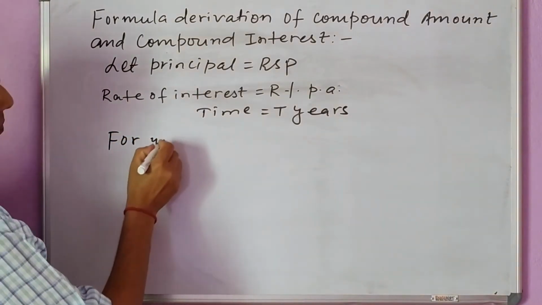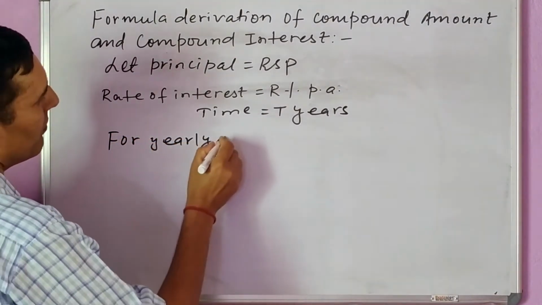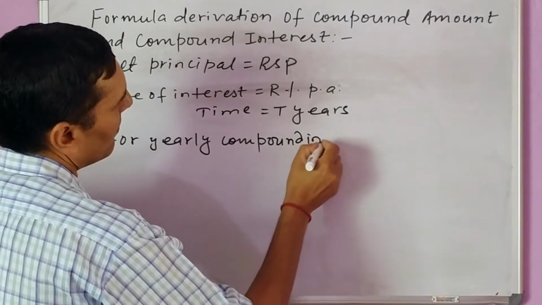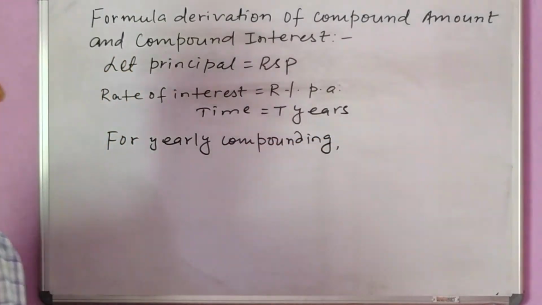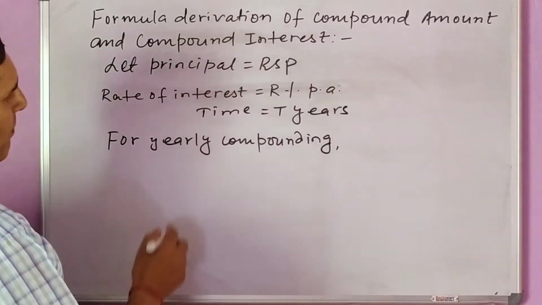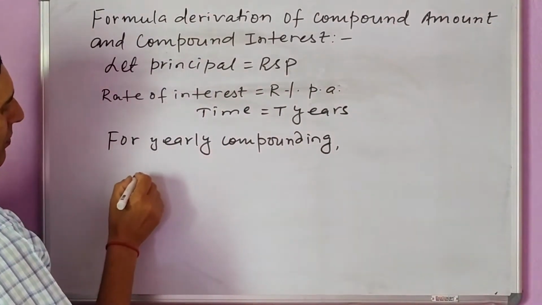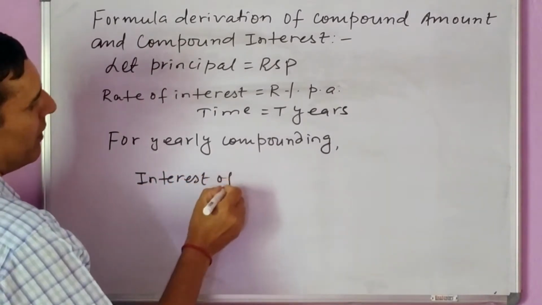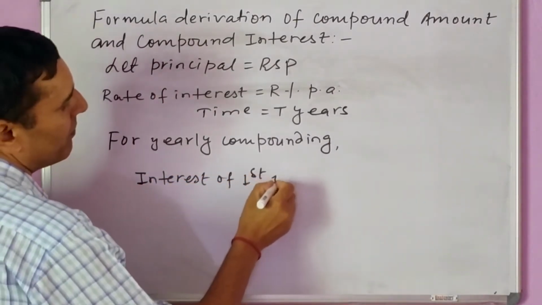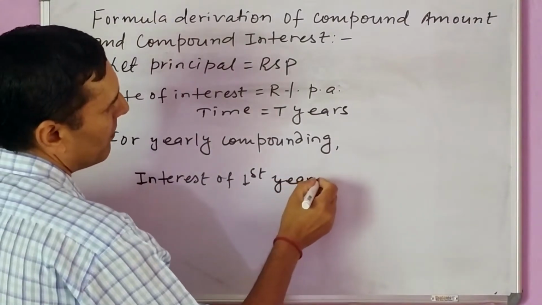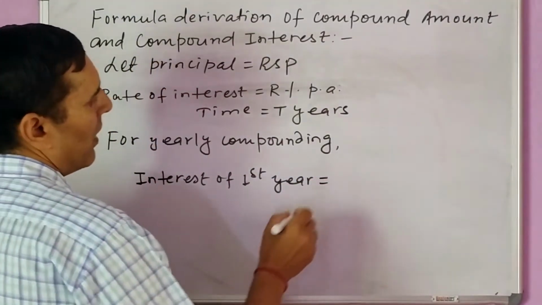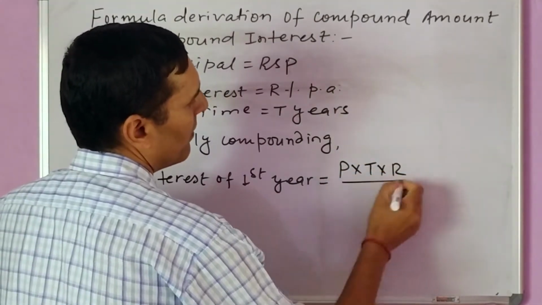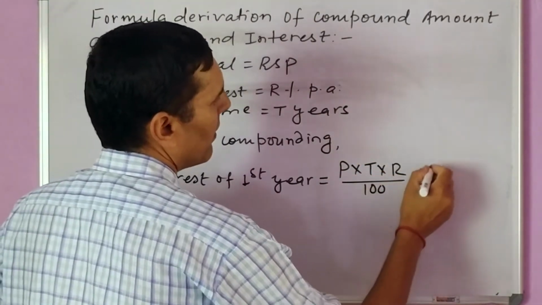So for yearly compounding, what is the interest of first year? Interest of first year is obtained by the formula P into T into R upon 100.